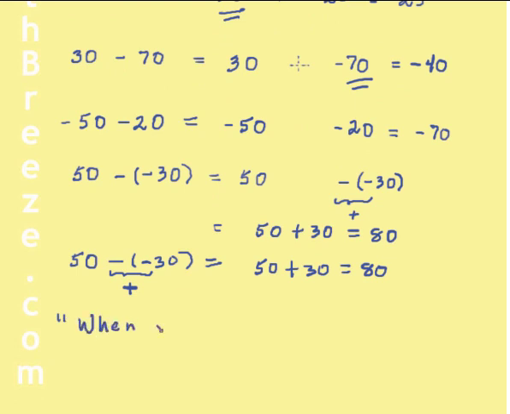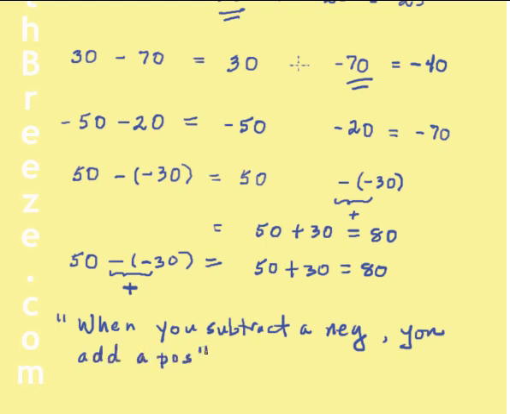When you subtract a negative, you add a positive. So I think it's worth remembering this phrase for this situation. When you subtract a negative, you end up replacing it with a single plus, adding a positive.